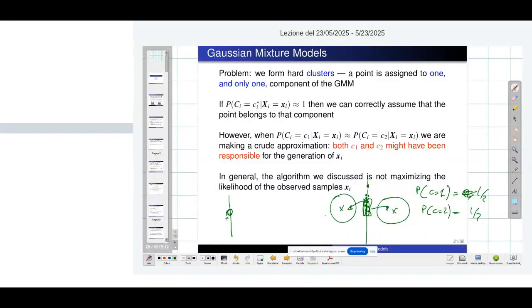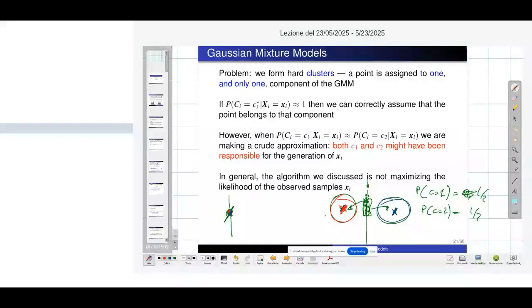I should essentially split this point in two and say, okay, since this point can be from both clusters, I will associate half of this point to the red component, and half of the point to the blue component. So what we will see is a method that allows us to do exactly this process.